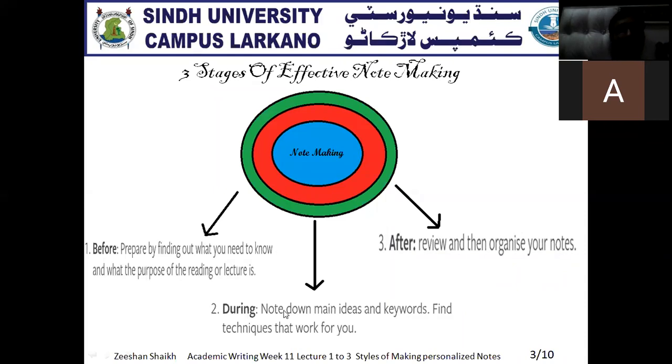And the second one, that is note down the main ideas and keywords, and find out the techniques that work for you. Means during making your notes, first of all, you have to pen down only main ideas. Clear?